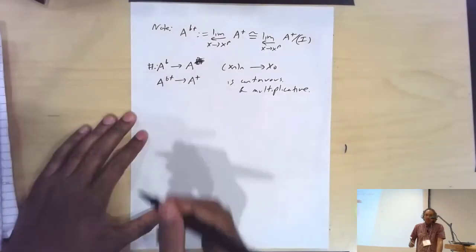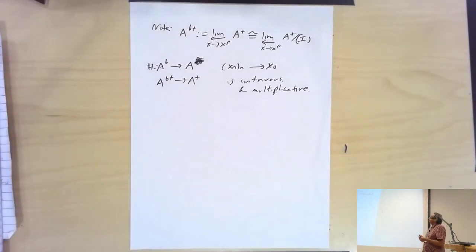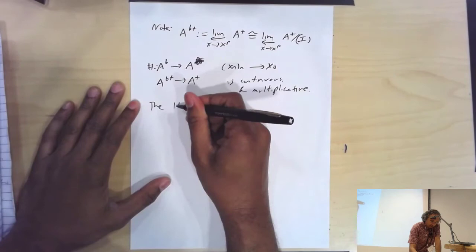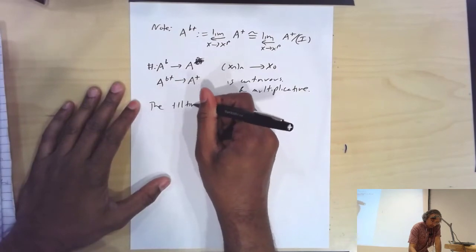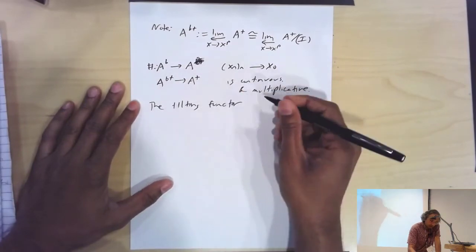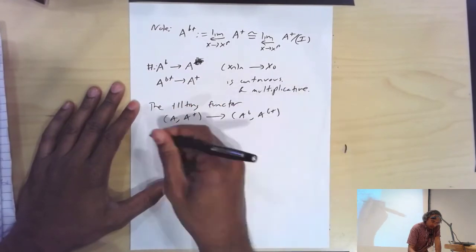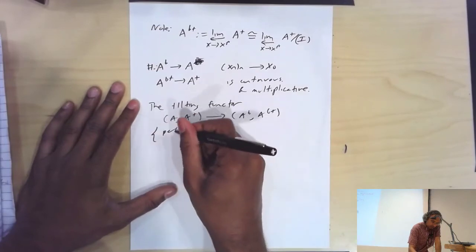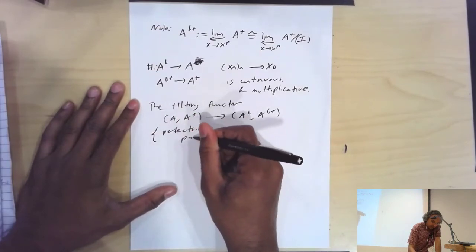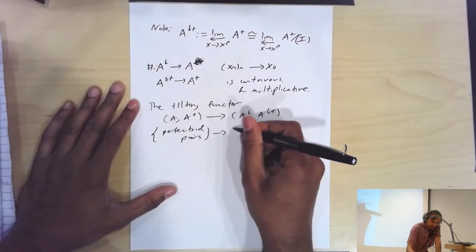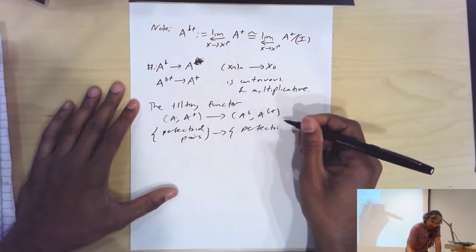So again, following Jared's lecture, we can explain to what sense you can invert this functor. So this is the tilting functor that goes from A, A plus to A flat, A flat plus, from perfectoid pairs to perfectoid pairs of characteristic p.